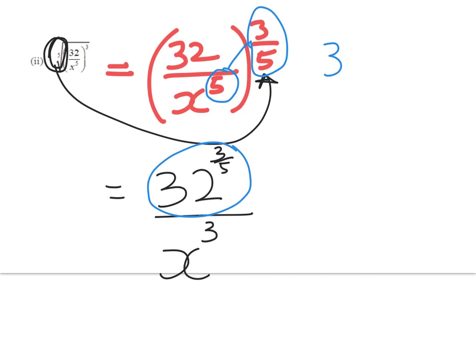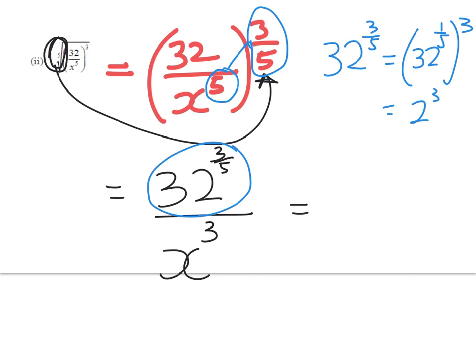So 32 to the power of 3/5 is equal to 32 to the power of 1/5 cubed. So the fifth root of 32 is just 2, so it's 2 cubed. Okay, so that's what's going on with that numerator. So we can finish this off by writing 8 over x to the power of 3. Right, that's my final answer because again I was asked to give my answer with positive exponents.